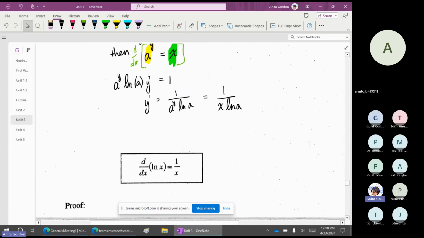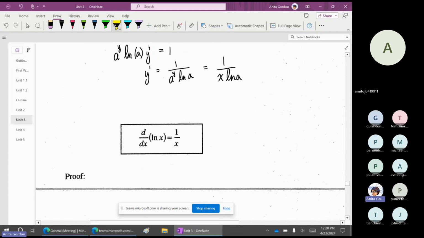Okay, the other rule is essentially the same, but if my base is e, ln e is 1, so I'm just left with the x on the bottom.